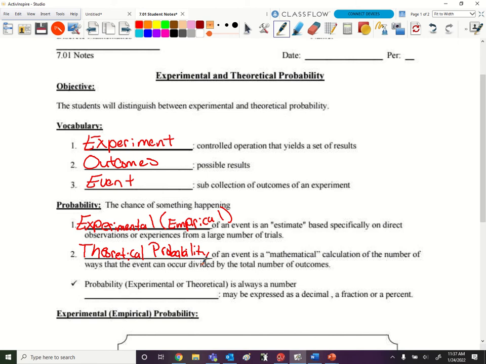And probability, experimental or theoretical, is always a number between 1 and 0 inclusive.